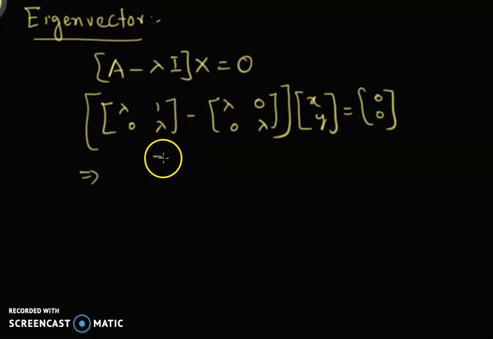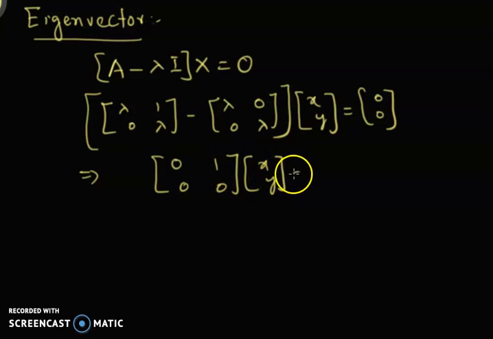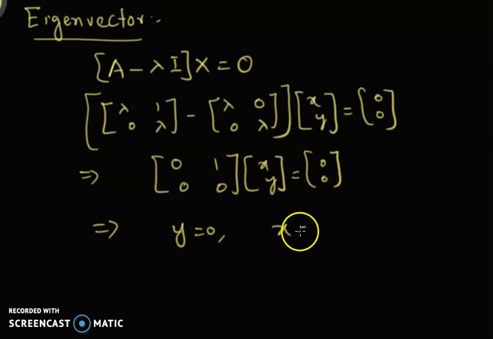This becomes [0, 1; 0, 0] operating onto (x, y), giving (0, 0). So y is 0 and x is any constant t. Therefore the eigenvector v1 must be (1, 0), and this is the only linearly independent eigenvector. So we have repeated eigenvalues lambda 1 and lambda 2 equal to lambda, and our eigenvector is (1, 0).